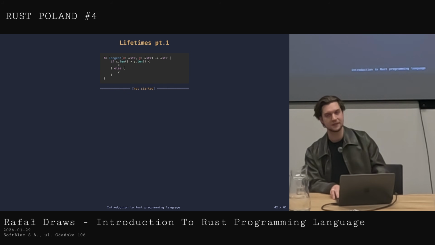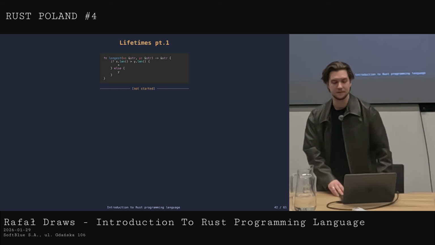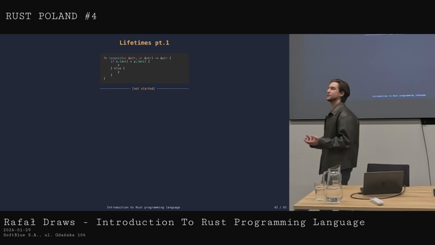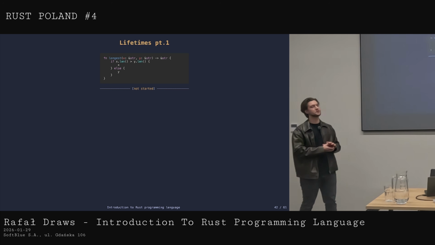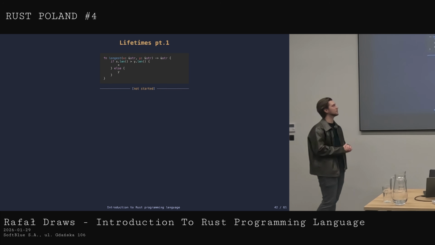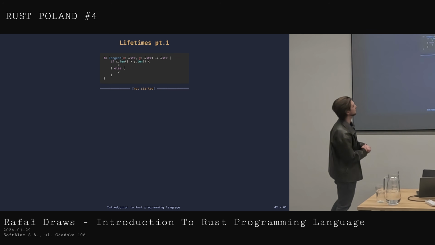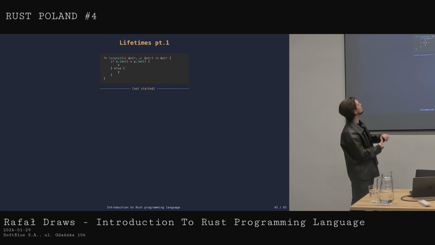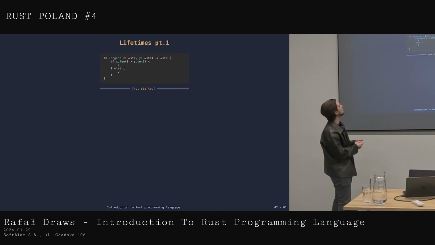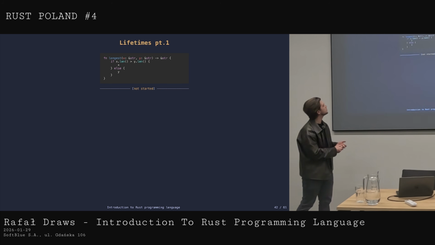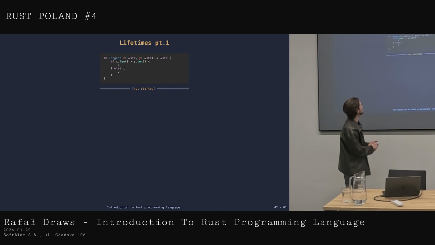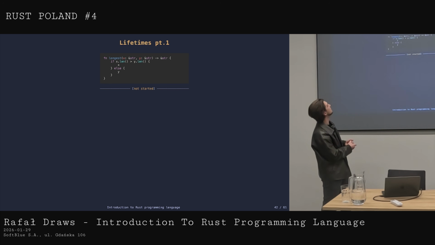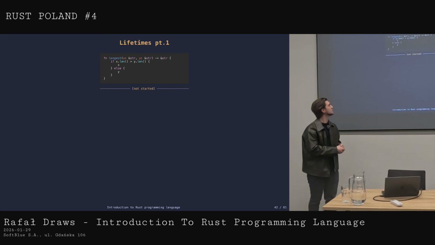I mentioned that if something enters a scope, it is dropped after the scope finishes. And a function is a scope itself. So we have the longest function, which takes in a reference to x and a reference to y, and compares the lengths of those string slices.